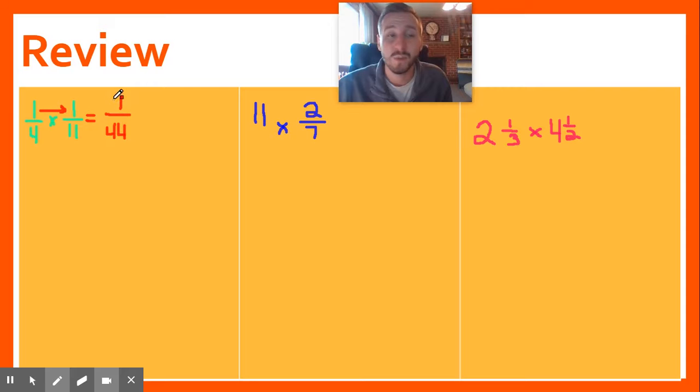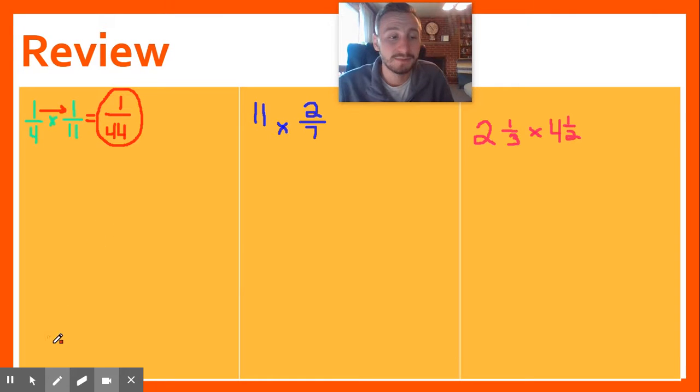So our answer is 1 over 44. So 1/44, right? Can you get any smaller than 1 over 44? Is there any number that goes into both 1 and 44? No, besides 1. 1 wouldn't change anything, right? So this is our simplest form of the fraction.